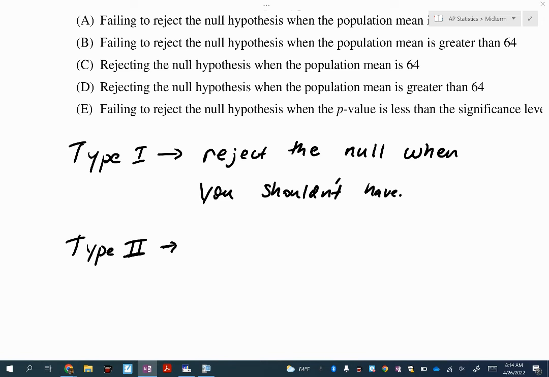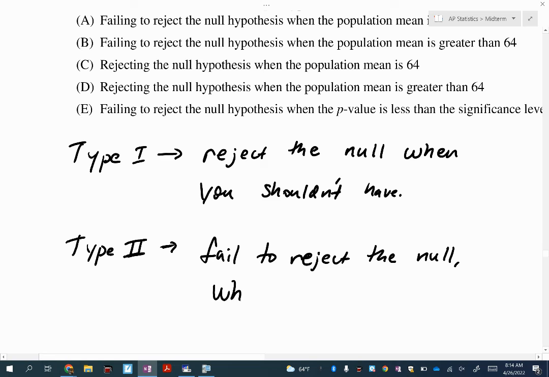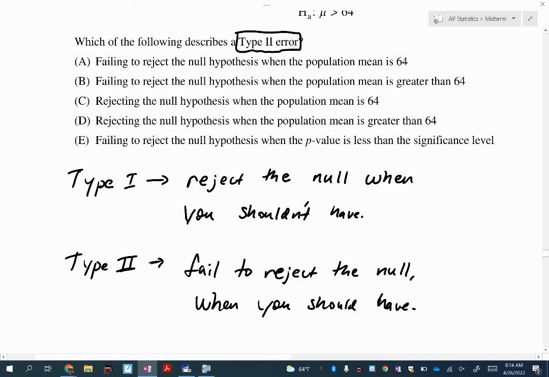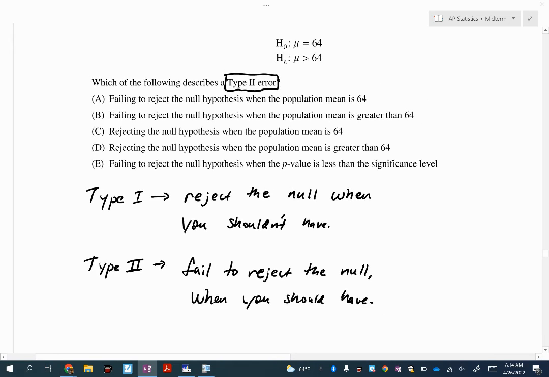So I just go the other way. Type 2 is when you fail to reject the null when you should have. This is not easy stuff, man. So when I look at this question, it's asking which one is a type 2 error. I'm failing to reject 64.